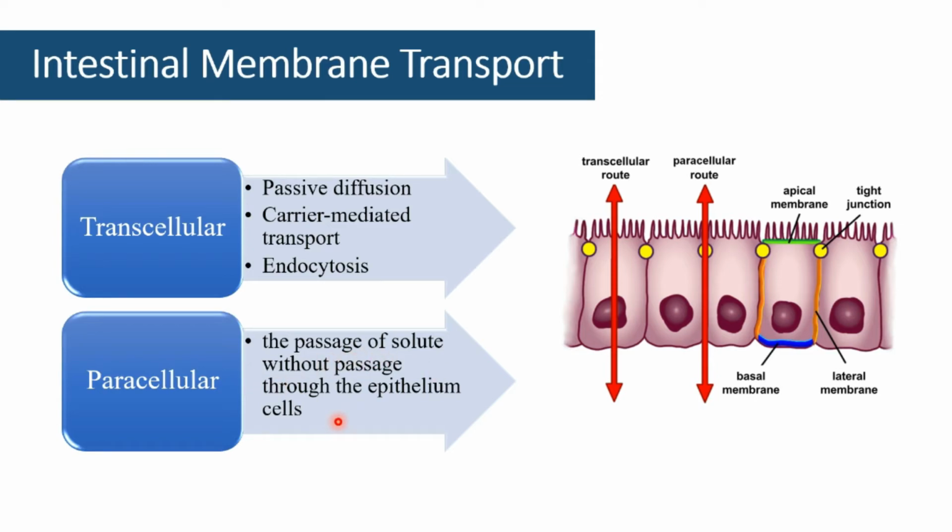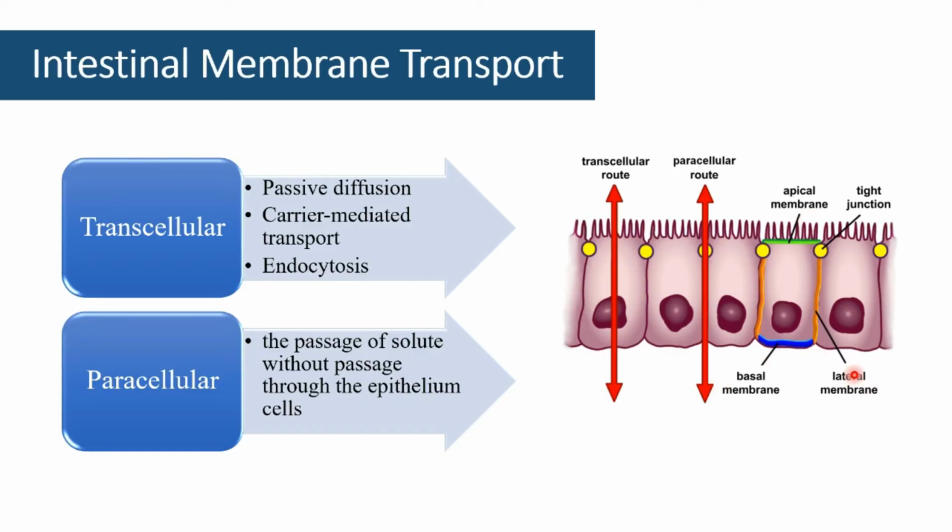Here we can see the part of the membrane called the apical membrane. The apical membrane is the side of the membrane that faces the lumen of the gastrointestinal tract.